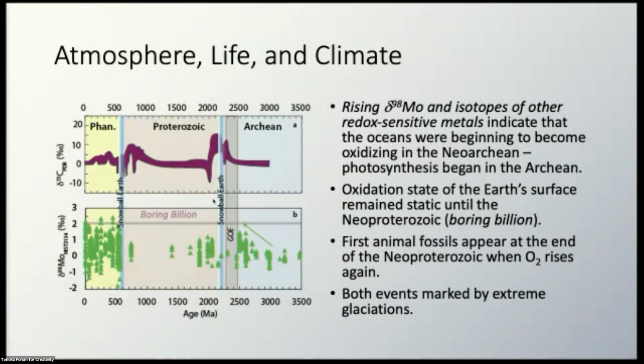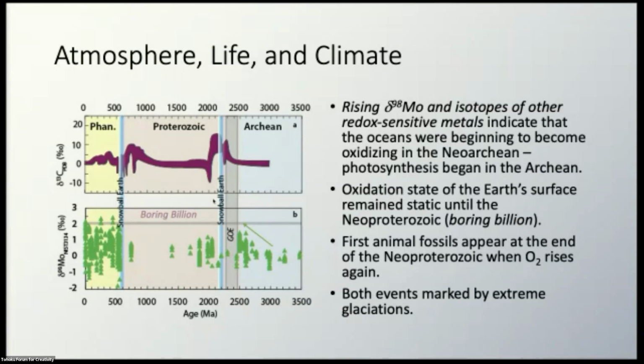Then in the mid-Archean, it starts to rise up like this. So the molybdenum isotope variation reflects redox fractionations; no oxygen, no redox reactions. We're already having redox reactions in the late Archean, meaning photosynthesis began sometime before that.